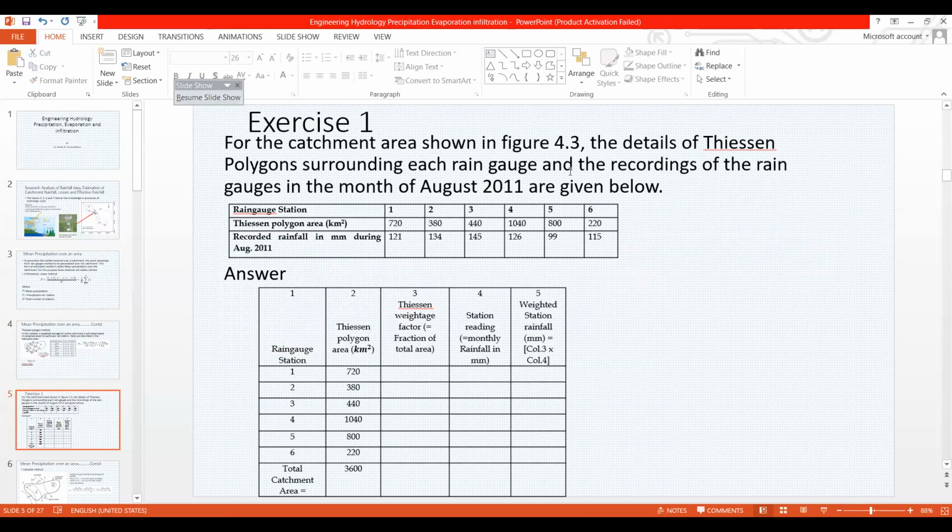Now, this example you can work out in the book. It is there. Now, shall I give you 5 minutes to work it out yourself? Those who do not have the book, I'll give you 5 minutes to work out this. Now, the Thiessen polygon areas are already given here. So you only need to calculate the Thiessen weight factor, then the station's reading.